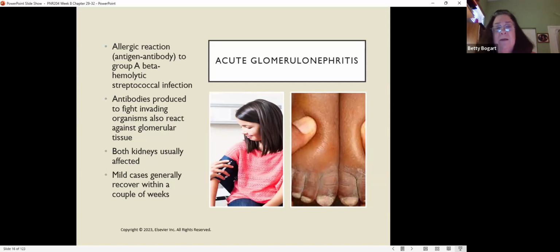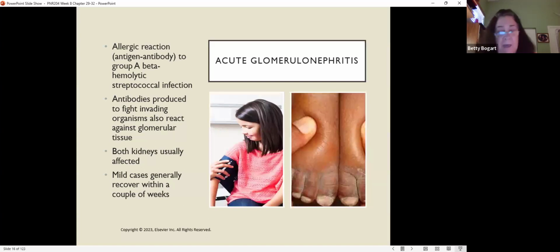So what happens is this child, all of these antibodies tend to go into the kidneys and attack it, and what it says is stop working. The antibodies are from the strep. So we need to treat the strep.